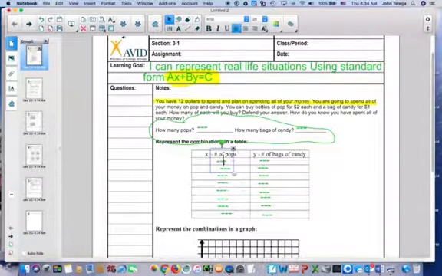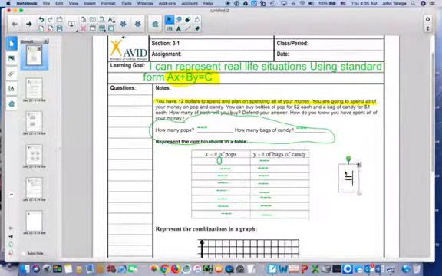So if we wanted no pops at all, we could represent that with a 0, right? Now we know that the candy costs $1 a piece, and we know that we have $12 total, right? So that's like our equal sign. It equals $12, right?